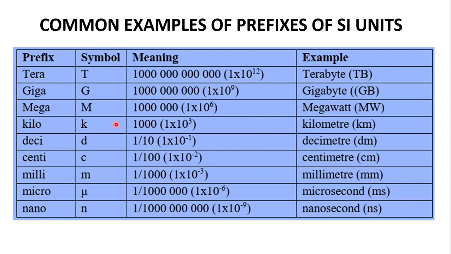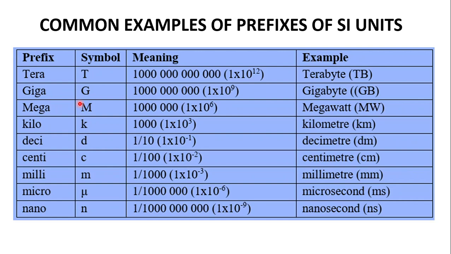Kilo means 1000. Like kilometer, it means 1000 meters. So instead of writing 1000 meters, you simply write km to mean kilometer. Anyone who knows what a kilo is will know that you are talking about 1000 meters.